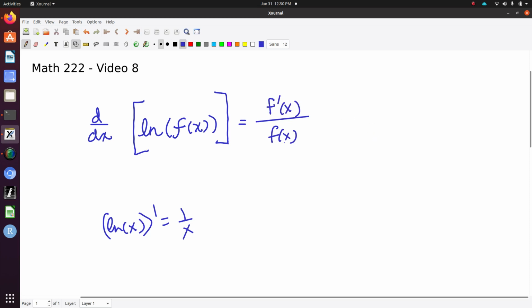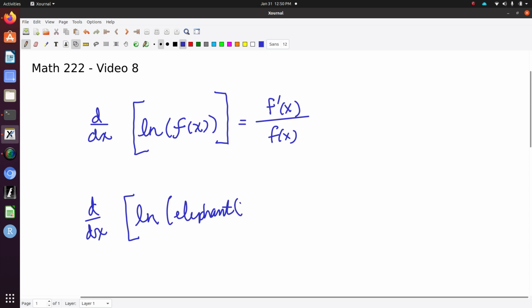This is why I replace f of x with the word elephant, just because it's silly. Somebody pointed out natural log looks like elephant somehow. So the derivative of natural log of elephant is elephant prime over elephant.